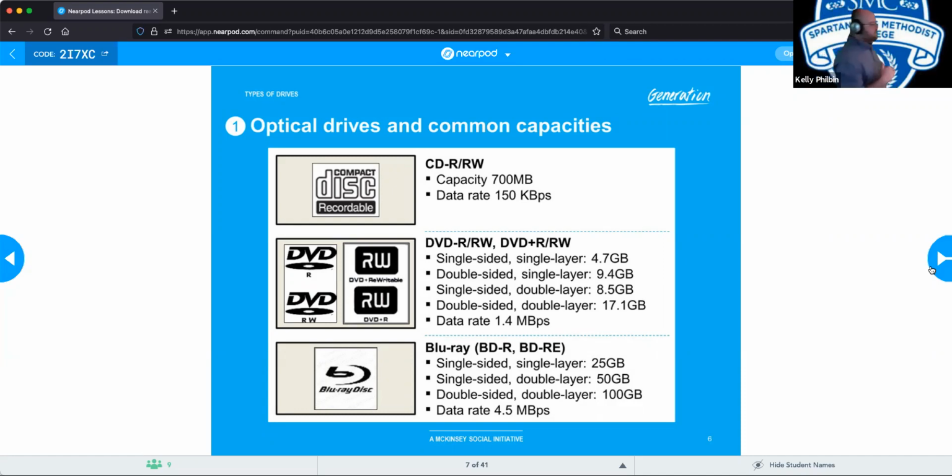So you got double-sided single layer, 9.4, single side double layer, 8.5, double side double layer, 17.1. So understand that your DVD range is between 4.7 and 17.1. But they will ask you a question at some point about single side, single layer, double side, single layer, with those capacities.